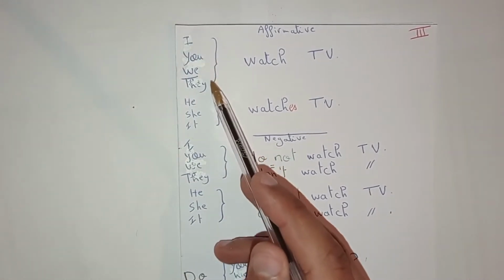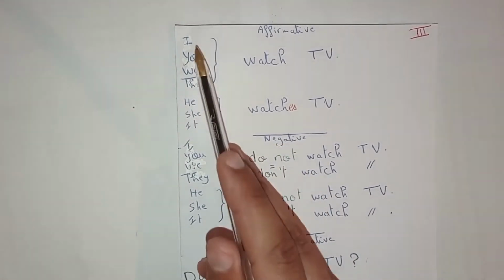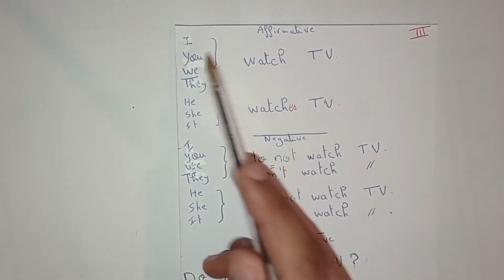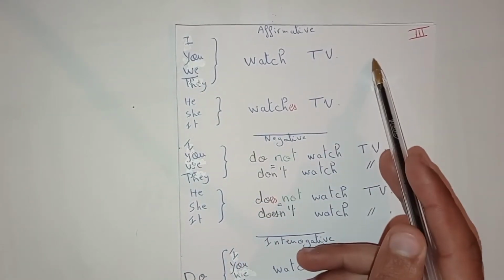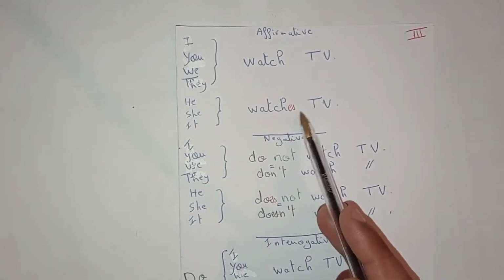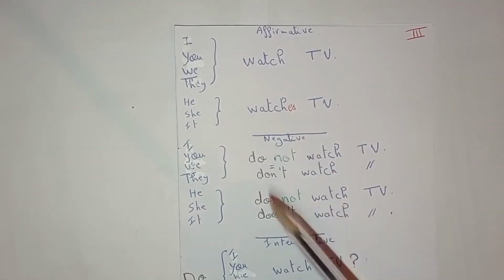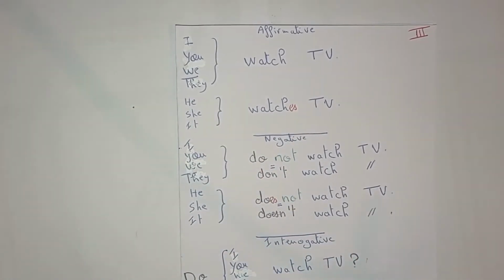I, you, we, they, he, she, it, subject pronouns. We say I watch TV, you watch TV, we watch TV, they watch TV. Okay? In he, she, it, we say he watches, she watches, it watches. Look, in he, she, it, we have here es.